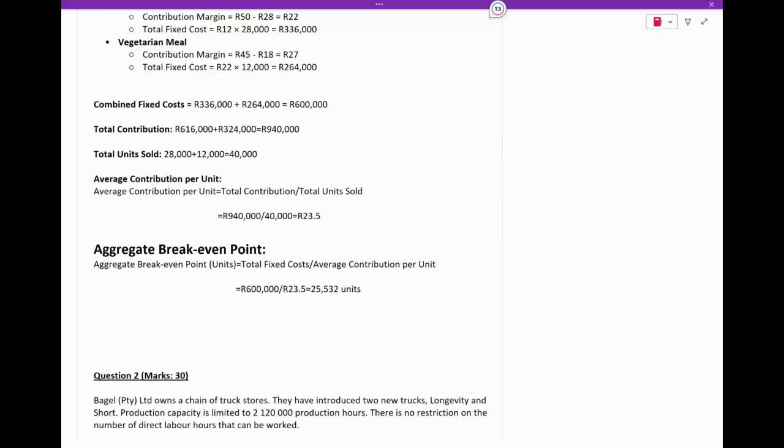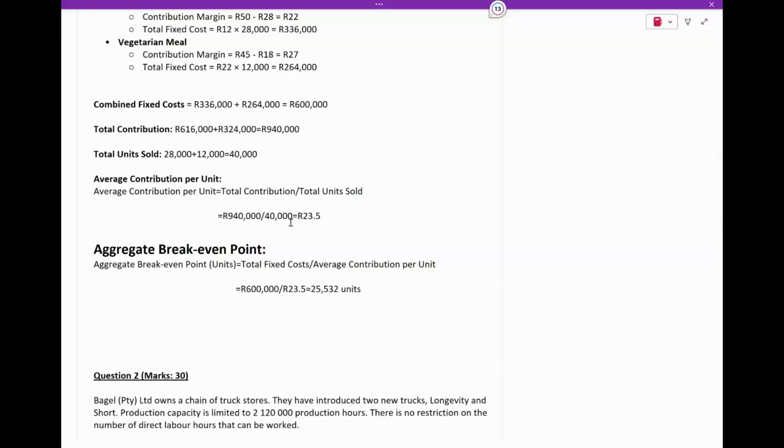But now we know we need our per unit, in other words, our average contribution, not the total contribution. So we take our total contribution and divide it by the number of units that we've sold. The number of units is obviously the 12,000 plus the 28,000, which is giving us this 40,000 right here.